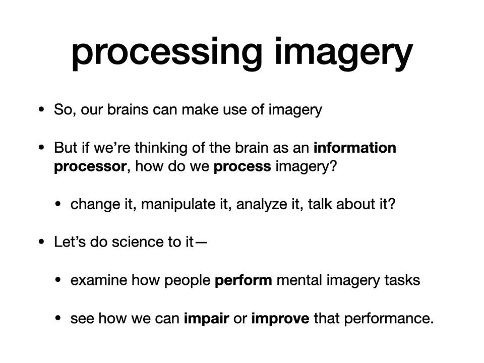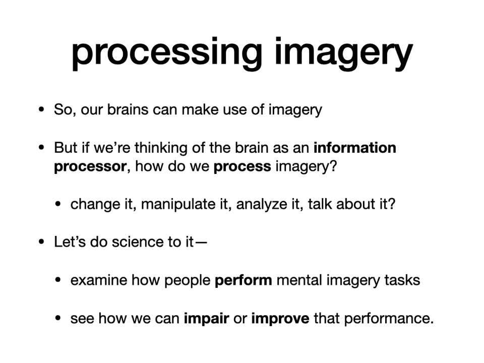So, if we're trying to think of the brain as an information processor, the question is, how do we process imagery? How do we change it, manipulate it, analyze it, and then talk about it? You can summon up an image and then talk about that pink elephant that you're creating on the fly. So, we do science to it.